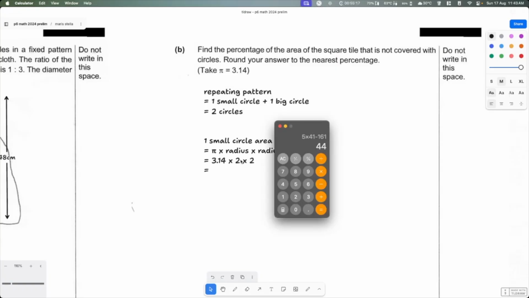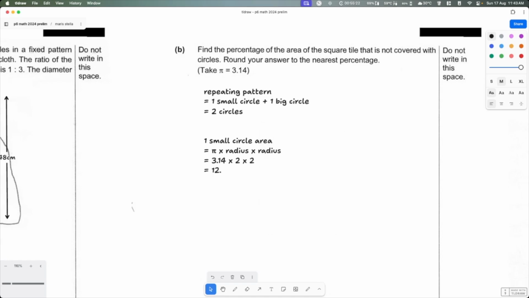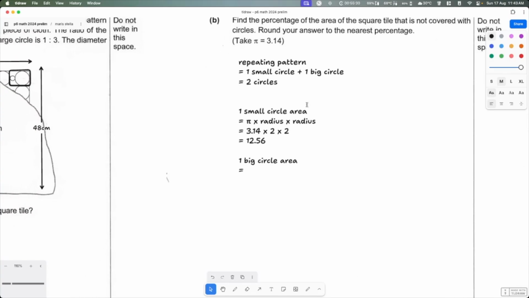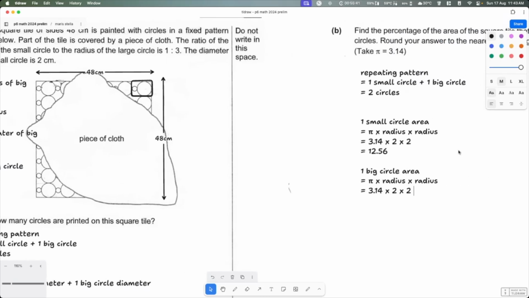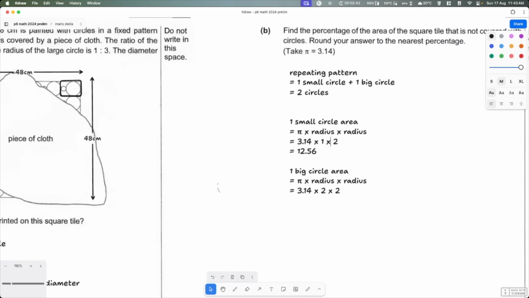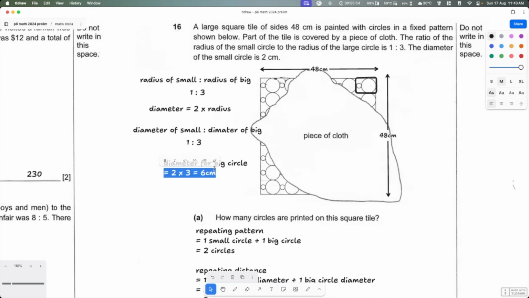Let's use the calculator. 3.14 times 4 is 12.56. Sorry, that's the diameter. My bad, the radius is this 1 instead. 3.14 times 1 is 3.14 centimeters squared.